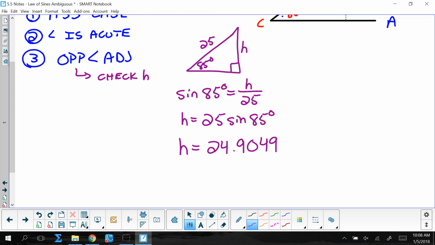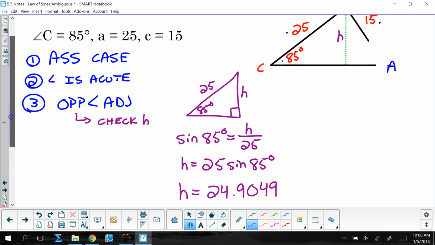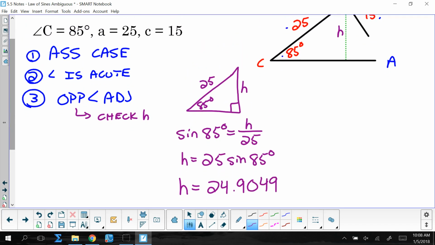I wouldn't say about 25, because 25 is in our problem, right? And we have to compare sides, so let's keep it at 24.9 at worst. Now I have to compare that height to my opposite side.